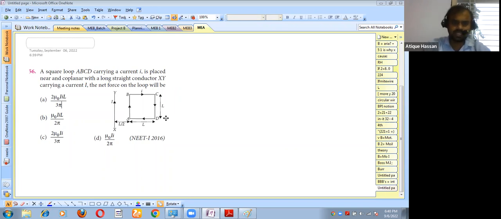The coil is in XY plane, same plane as the wire.